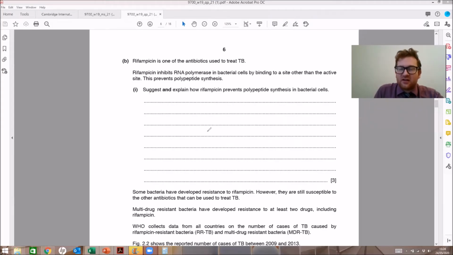So we can look at this question like a normal enzyme question. The idea that it binds to a place that's other than the active site. But remember, when things bind to enzymes, they change the active site, okay?